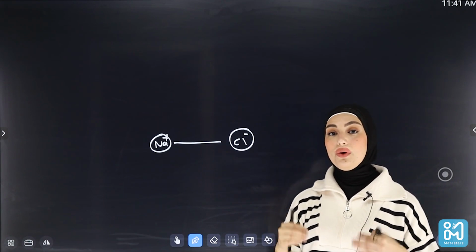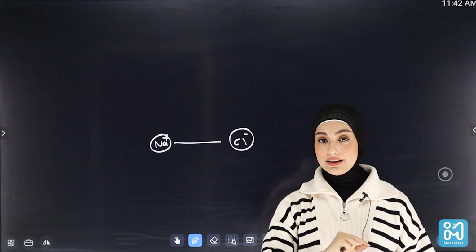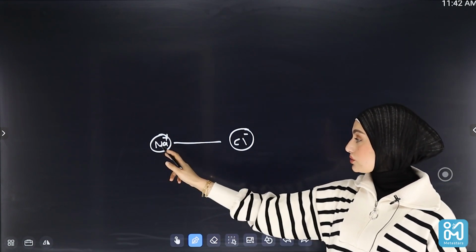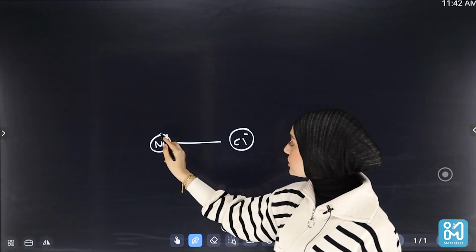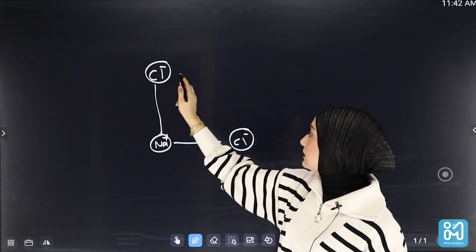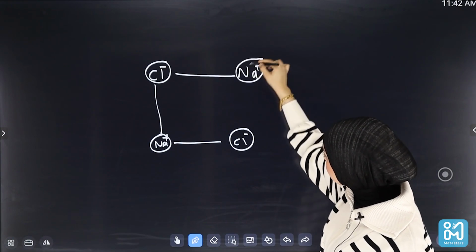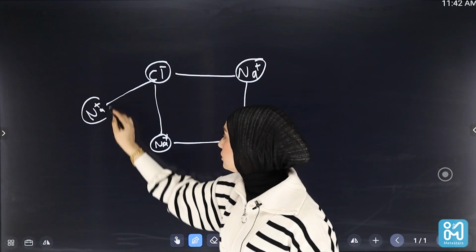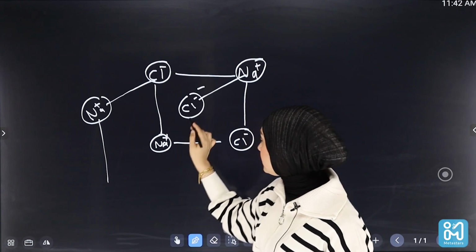But as you know, we have millions and millions of atoms in only 1 gram of sodium chloride, which is the table salt. So here we have sodium attracted to this chloride, but at the same time, this sodium is attracted to another chloride. And this chloride is attracted to another sodium, and this sodium is attracted to another chloride, and so on.